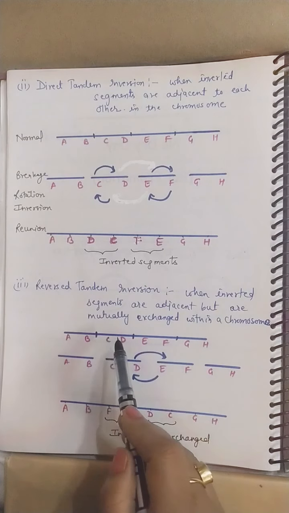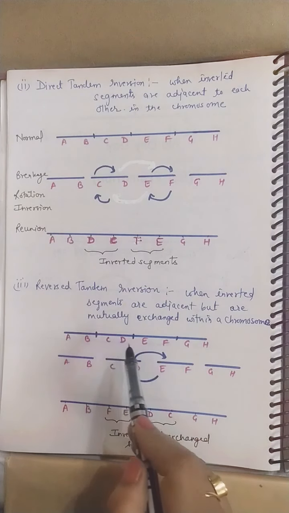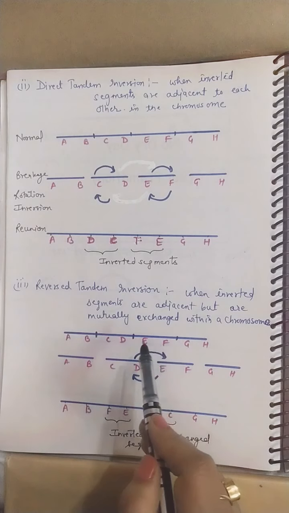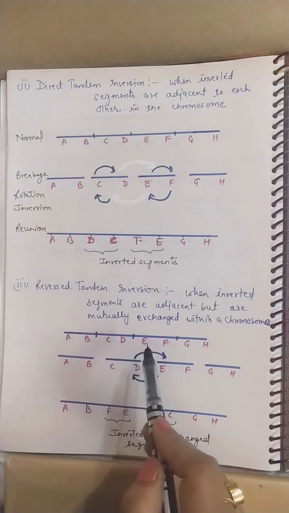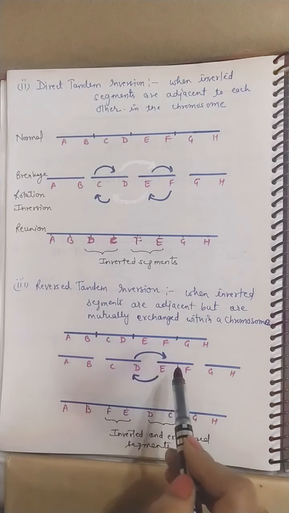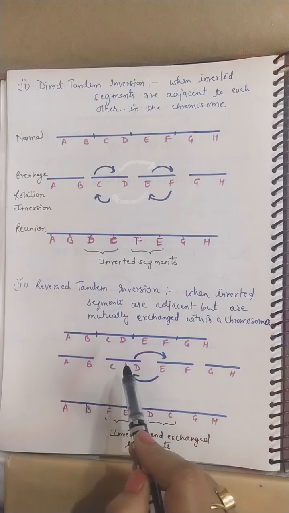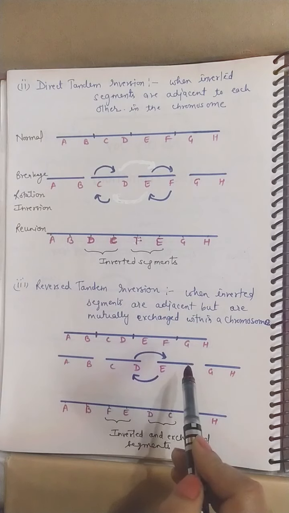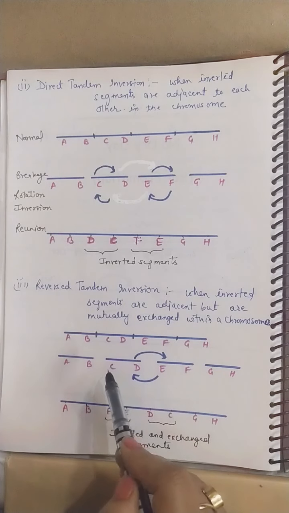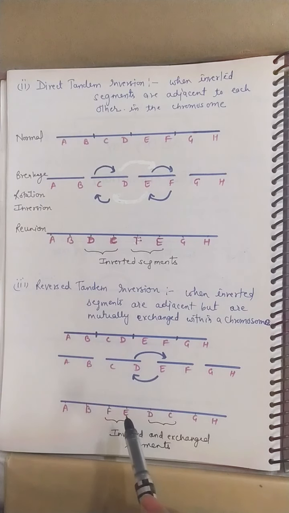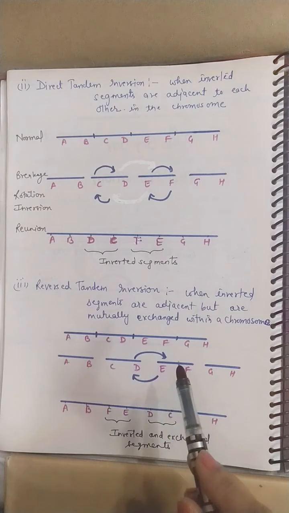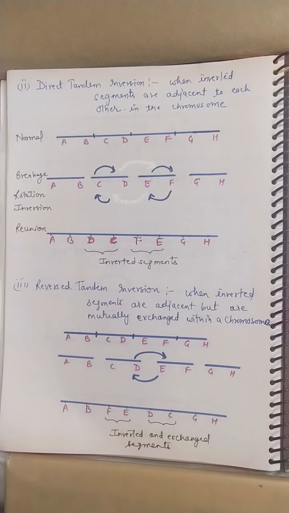So we will get two segments, CD and EF. Before inversion, at their places, these CD and EF are exchanged with each other, means this CD goes at the place of EF and EF comes to the place of CD, and even they get inverted. So with the inversion they have been mutually exchanged.